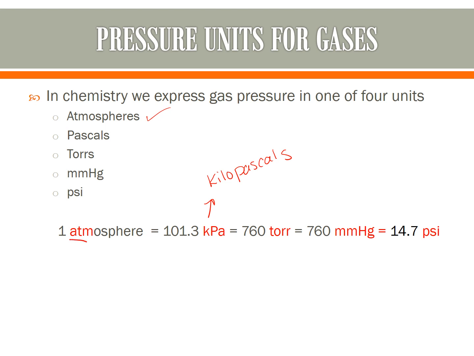Atmospheres are abbreviated ATM. You've maybe seen these numbers in some practice problems I've done, but I haven't really explained what those numbers mean. All of these pressures I just gave you are equivalent. Right now in this room, you are at 1 atmosphere pressure, which is also 101.3 kPa, which is also 760 torr, which is 760 mmHg, which is 14.7 psi. Those are all equivalent.